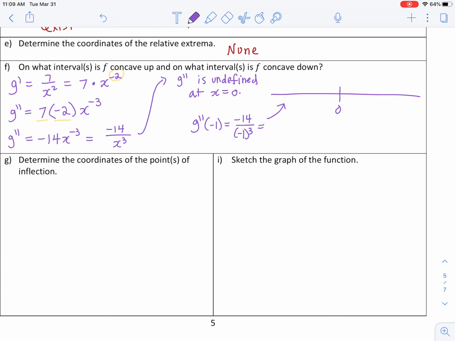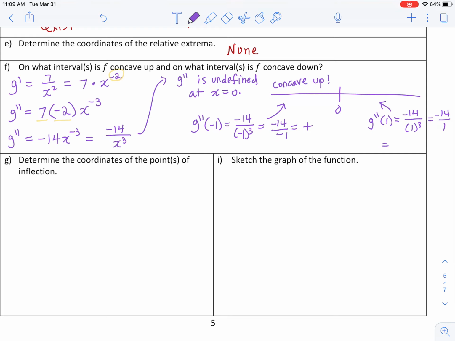That will be negative 14 divided by this number cubed. Well, that will be a negative over negative, so it comes out to be positive. What I know is that this section is concave up. Now let me plug in a value to the right side of 0. What is g double prime of 1? That will be negative 14 over 1 cubed, negative 14 over positive 1. Well, that's a positive.